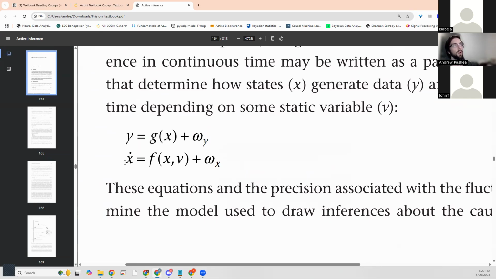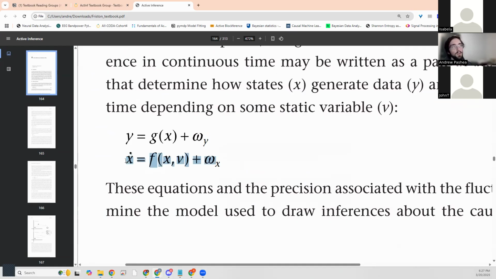And if we think of a B matrix as the probability of the next state conditioned on the current state and the current action or policy being pursued, this, of course, is different.